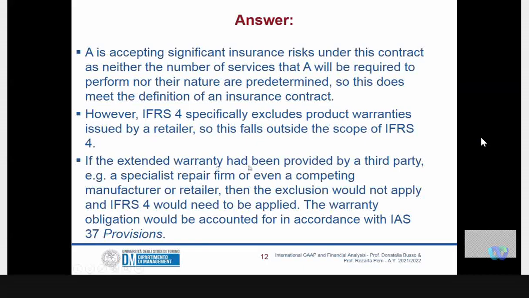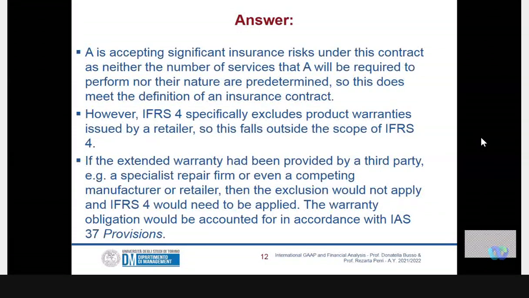If the extended warranty had been provided by a third party, for example, a specialist repair firm or a competing manufacturer or retailer, then the exclusion would not apply, and IFRS 4 needs to be applied.